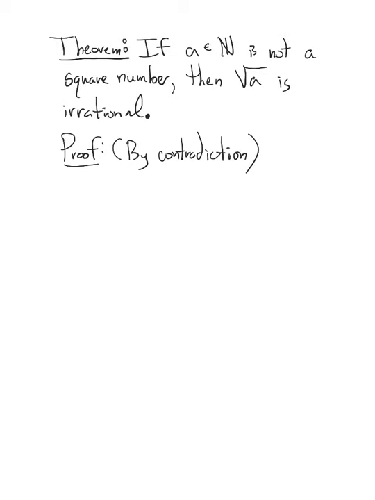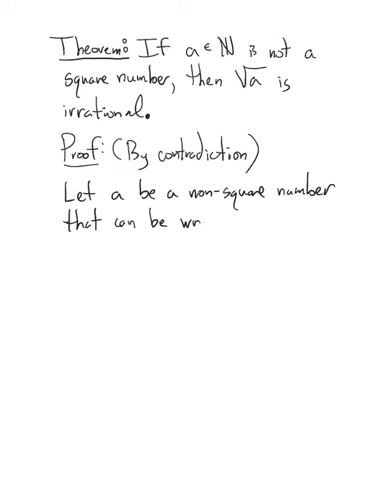It is a rational number, so the then part is false. So let's do it. So let A be a non-square number that can be written as a fraction.